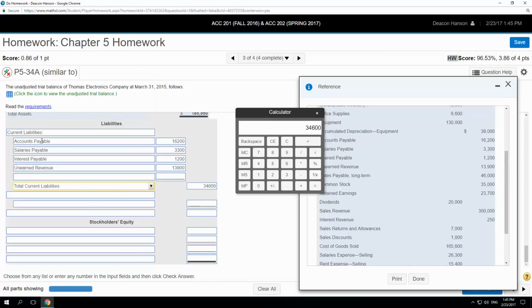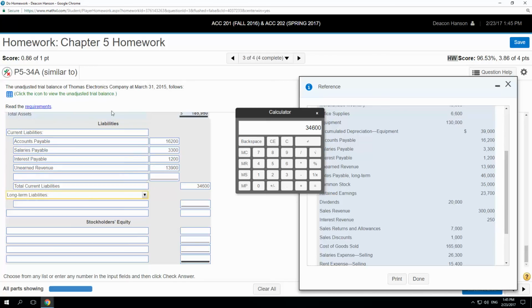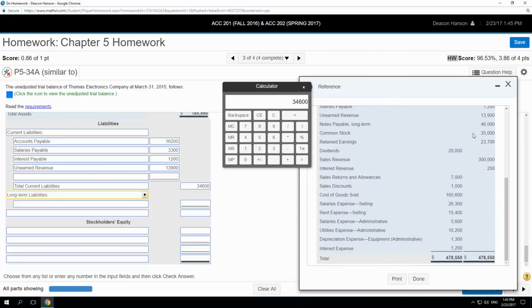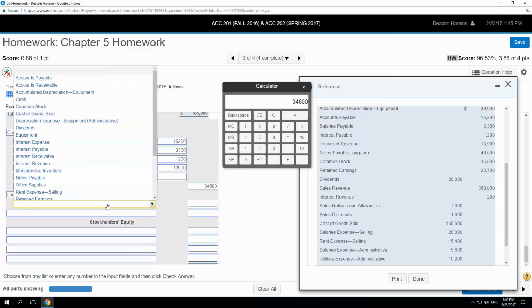Total current liabilities. Now we're going to do long-term liabilities. Different category, different class, but they're still liabilities. So we're going to make a category here for long-term liabilities. And we'll look at our trial balance. What are my long-term liabilities? Well, it'll be my notes payable. That's the only one we have. So 46,000 in long-term notes payable.